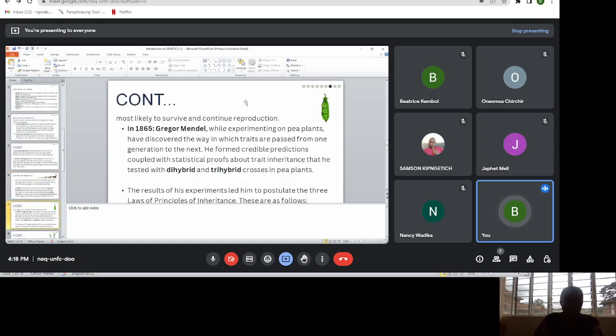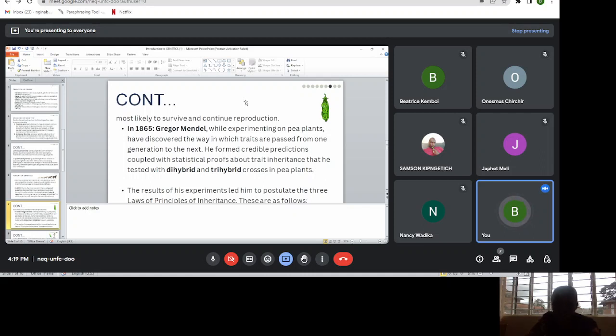Then the next timeline is 1865, whereby a man known as Gregor Mendel experimented on pea plants and discovered the way in which traits are passed from generation to generation. You find that Gregor Mendel was able to form credible predictions from this experiment, and he also attached statistical evidence to them.